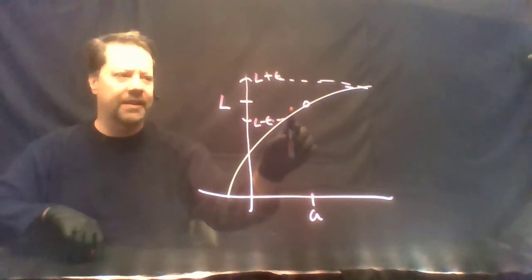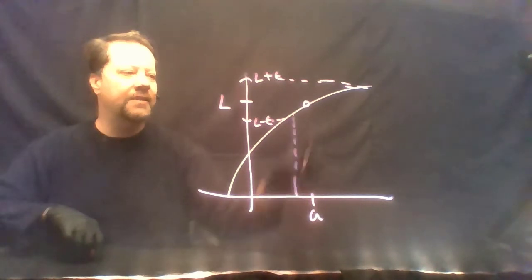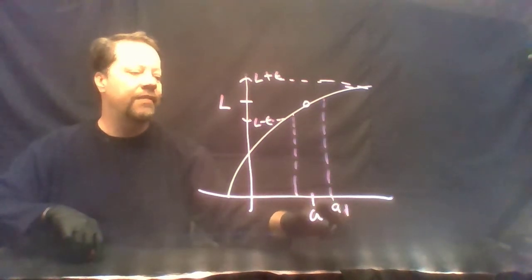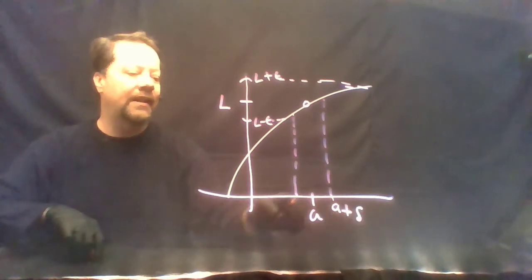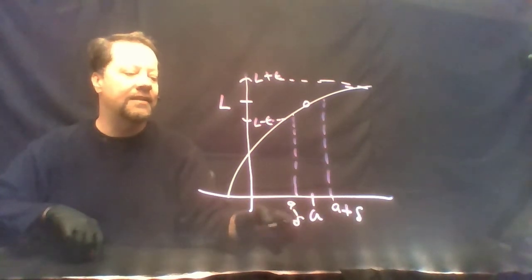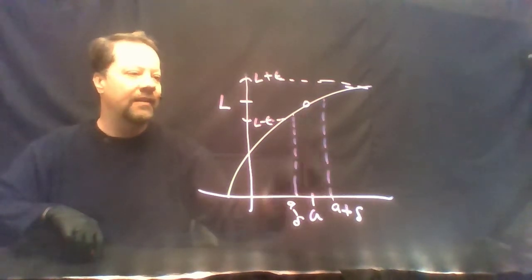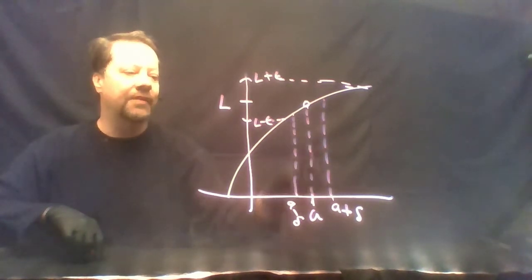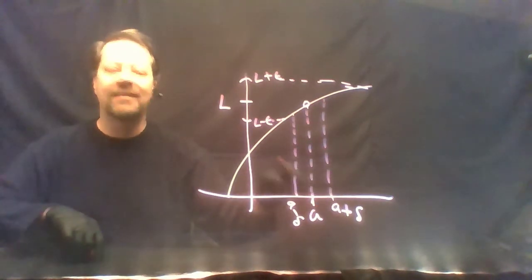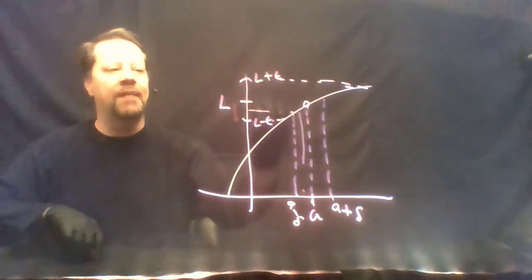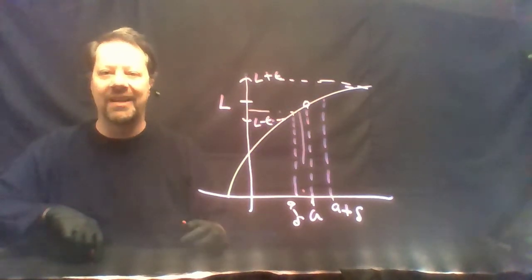The argument is there should exist some delta, more than one delta in all likelihood, so that if you go to a plus delta and a minus delta, delta units over on each side of a, excluding a itself, we're going to chop that out, then all of these other points will map into this epsilon neighborhood in the range.